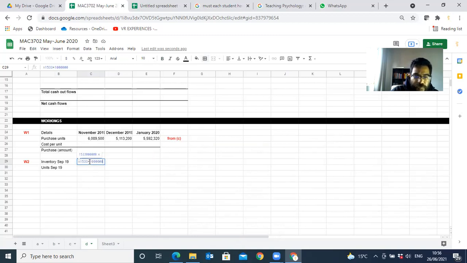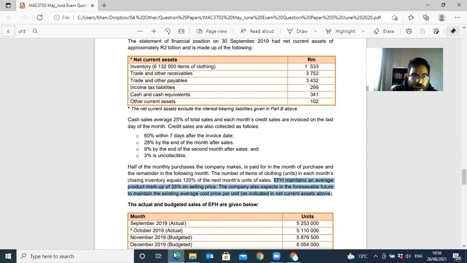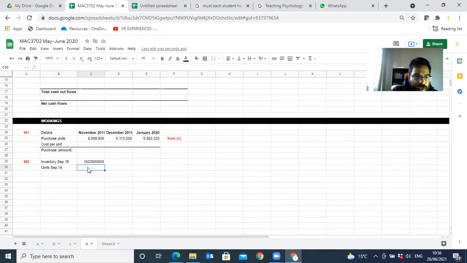The units are 6132,123. So cost per unit will simply be that divided by that, which is 250.